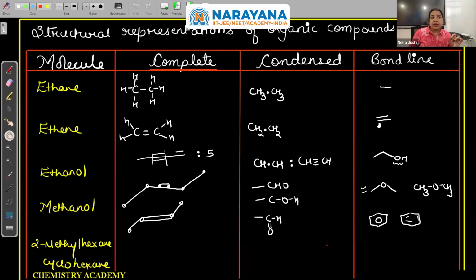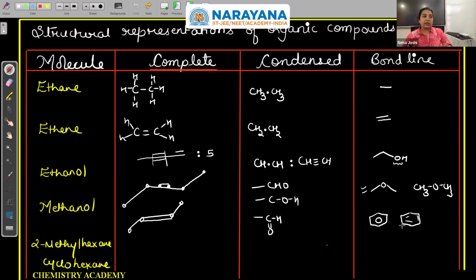Ethene, I will put like this. Ethyne, I will put three lines. Ethanol, I will put like this, but I have to write OH now. If I had not written OH and left it like this, it would be taken as propane.